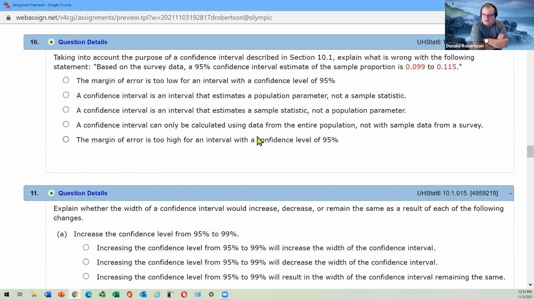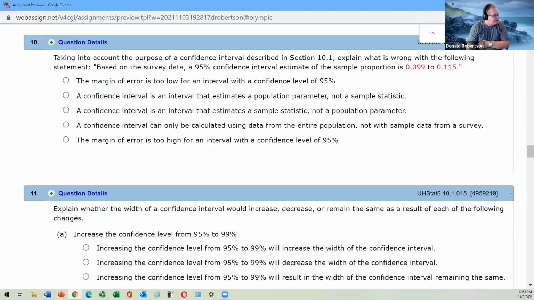Which one of those 5 guys? I don't know if you can read them all. Maybe I could make it a little bit bigger. Can't do that. Can't read the end.